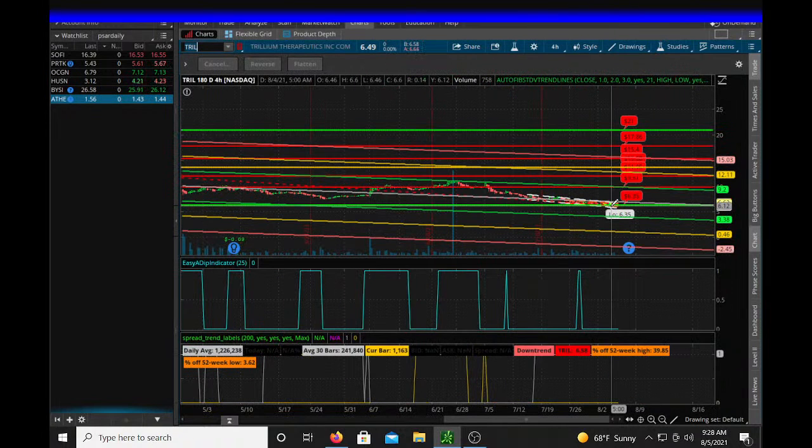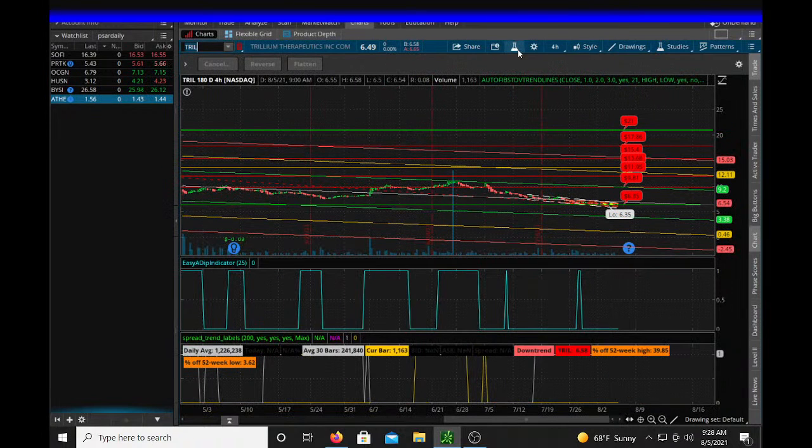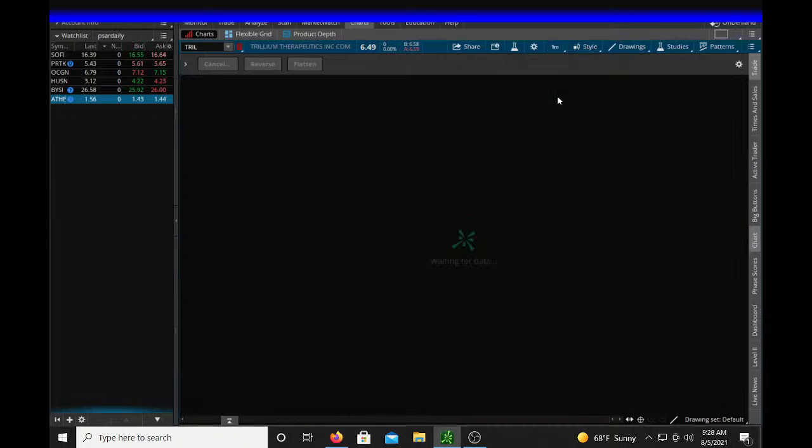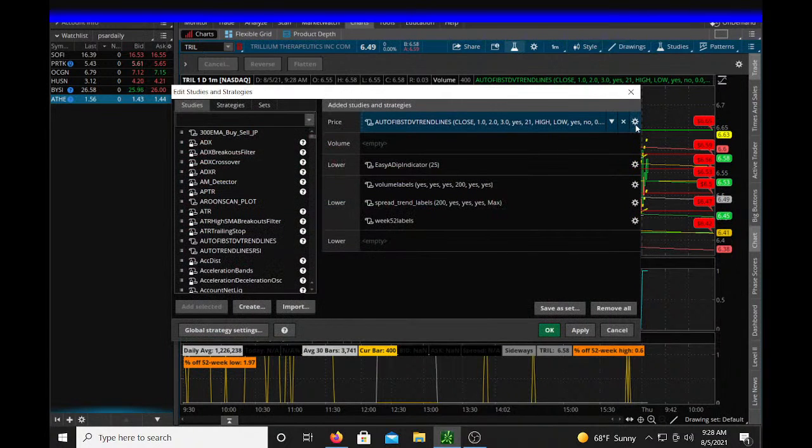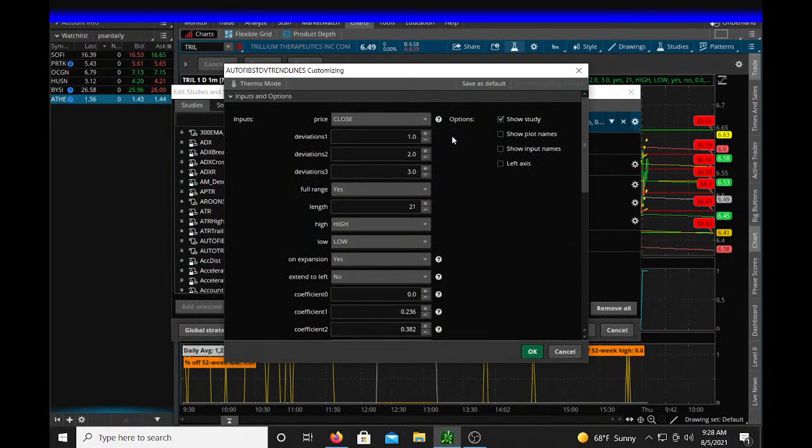Okay. Now these trend lines kind of get in the way a little bit, don't they? All right. So if we need to, we can go in and change some of our settings, if we feel interested enough to. Okay.